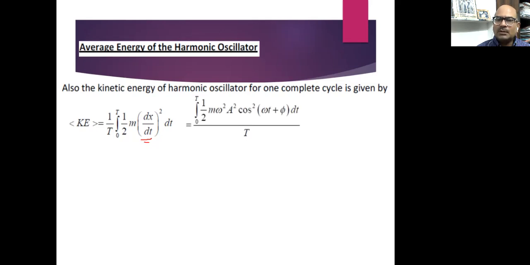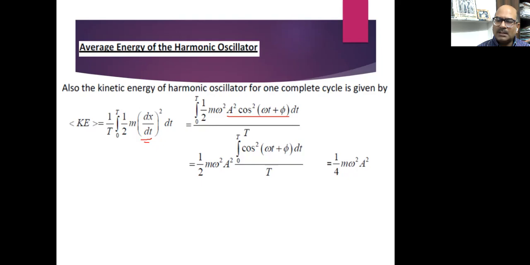Now for kinetic energy, again for the complete cycle, 1 by T, 0 to T, half m velocity square. The velocity is dx by dt, velocity square. So we can put the value of this velocity part dx by dt in terms of a square cos square (omega t plus phi), and we can solve again.